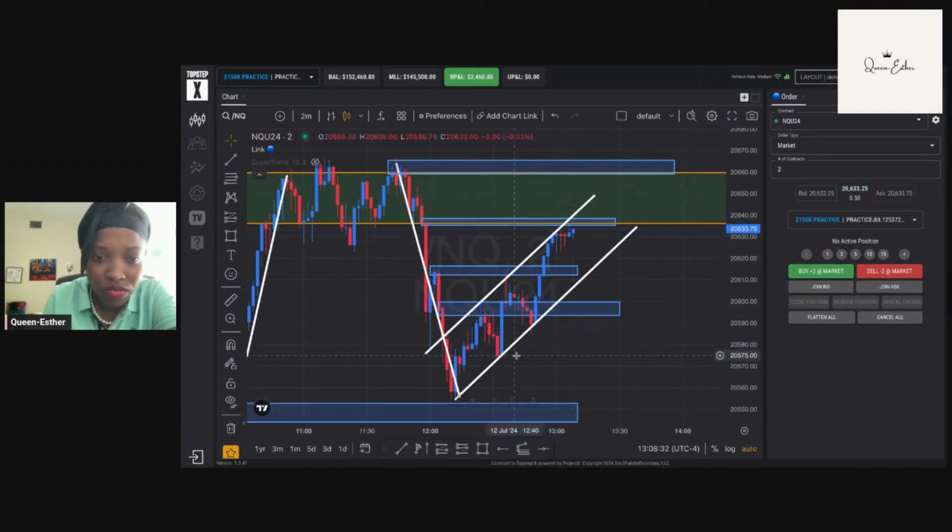At this point, if price wants to continue up, it can come all the way up here, right? But again, these little levels too, it can stop here. You just want to make sure you're paying attention.